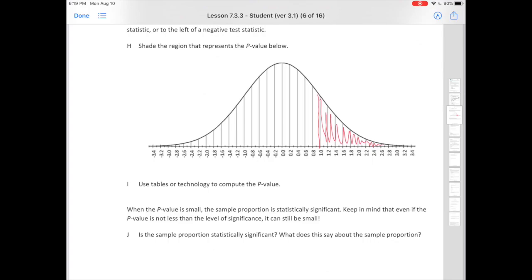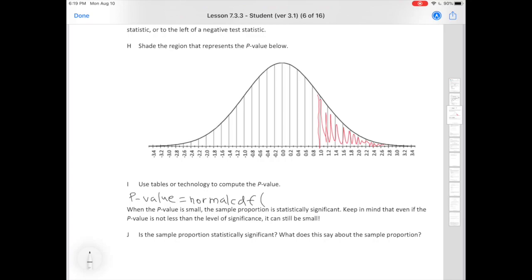Use tables or technology to compute the p-value. Remember, we're looking for the area under the curve. We can use normal CDF on our calculator for that. So what would the lower limit be?